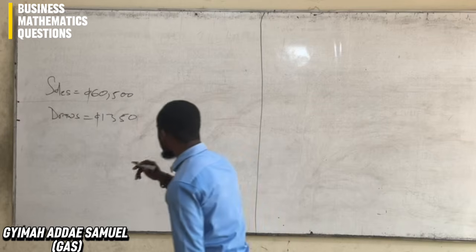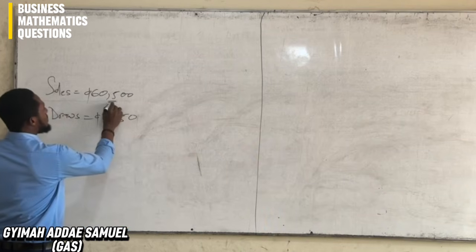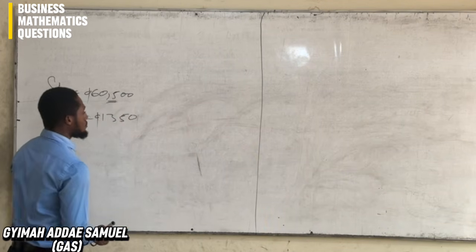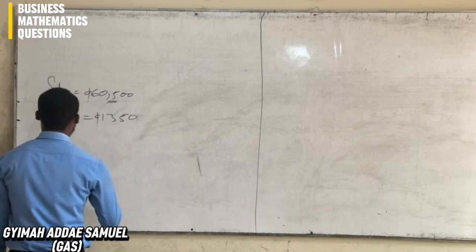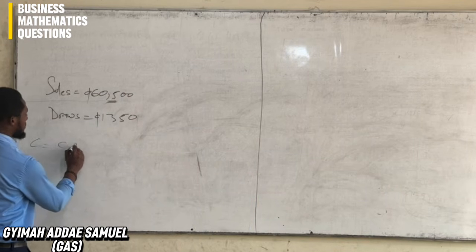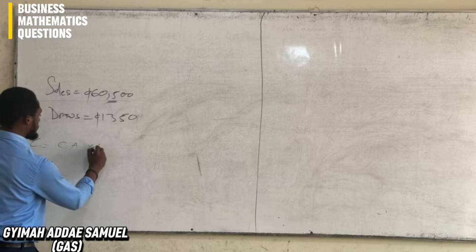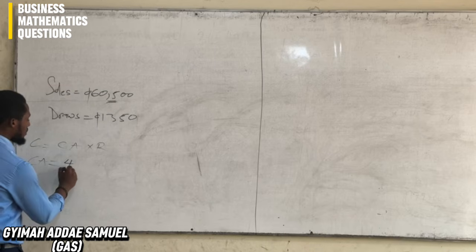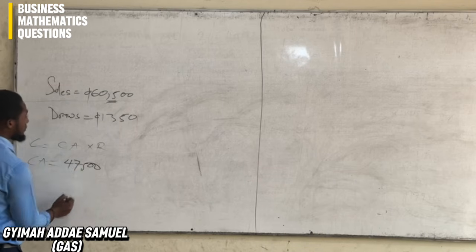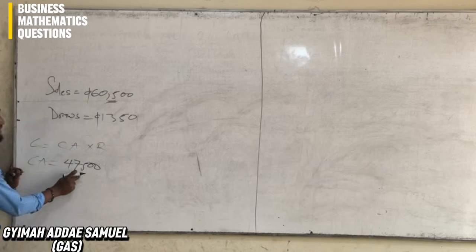So we are not going to stick to this 60,500, but rather we are going to stick to 47,500. So finding our commission becomes commission amount times rate.